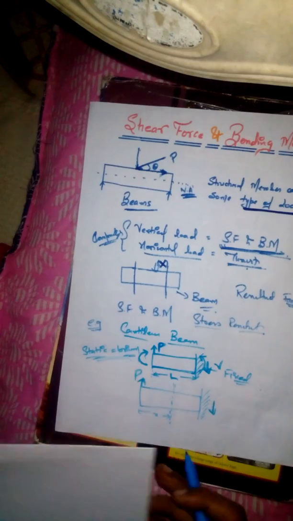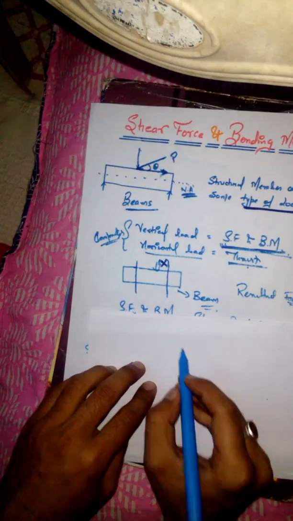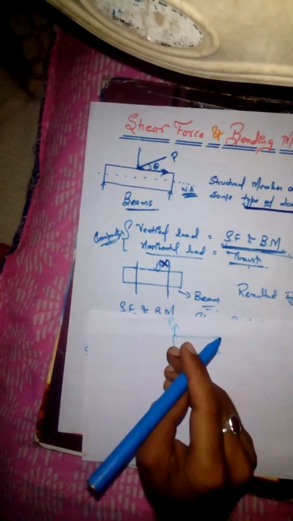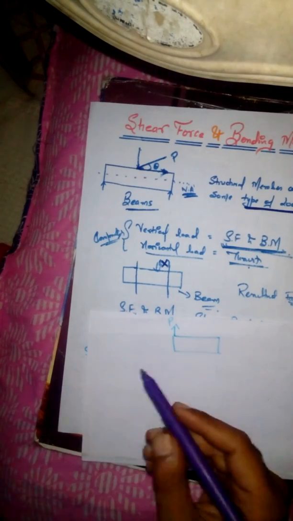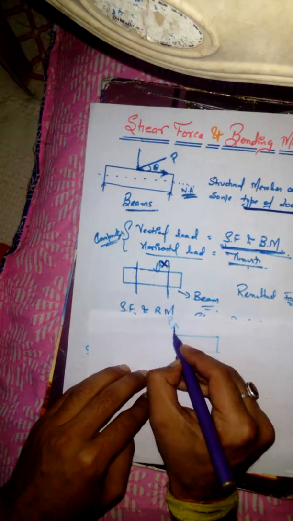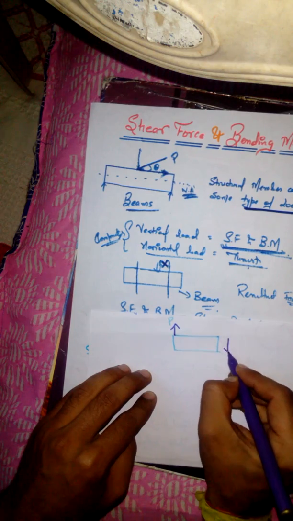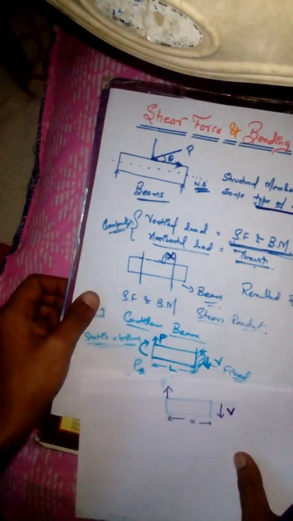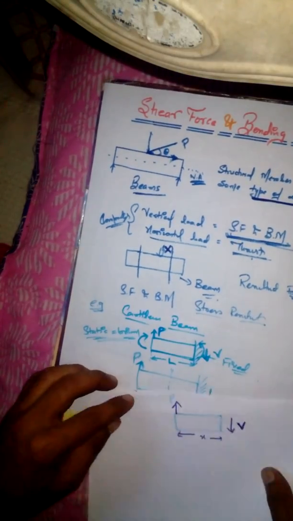Let's redraw it here. Here is some load P, which is balanced by the downward load V, and the distance taken is x. Look here.